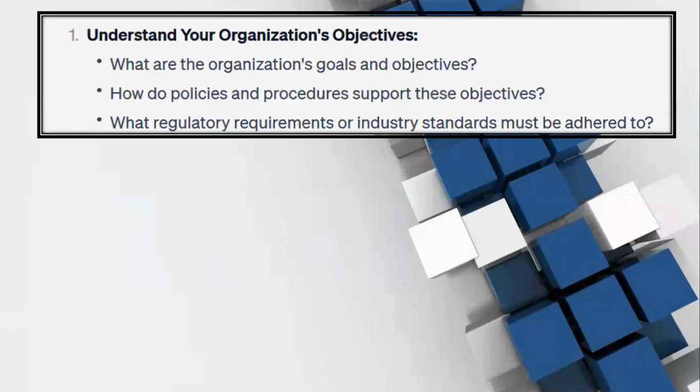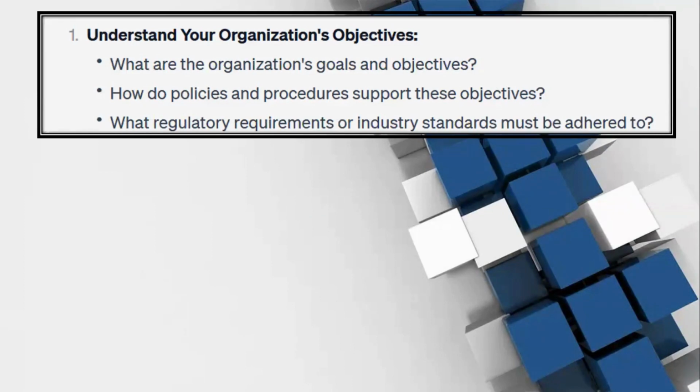Very importantly, the very first thing that you want to do in this exercise is to understand your organization's objectives. There's no way you can be developing policies generically, for example, by grabbing a template and customizing it to be dispersed within an organization without aligning it with the objectives of this organization.